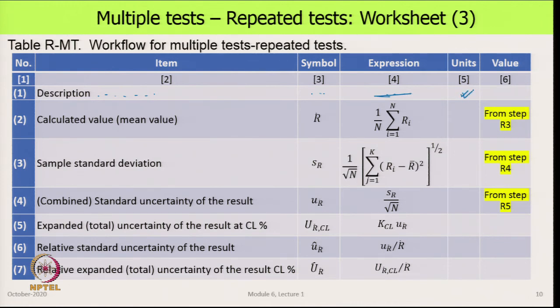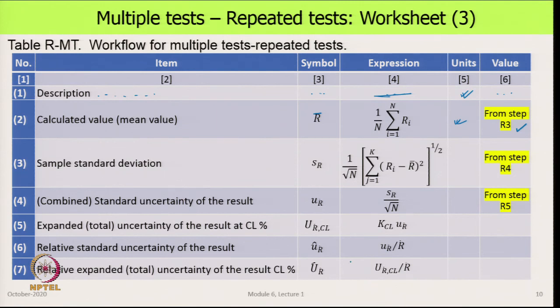This is very important. And from our mean value calculations, we get the value over there. In the next line, we write the calculated value of the mean. So, this is R bar, 1 upon n summed over all the results, or m if we are using m, the units, and then using this formula, we can write the value here.